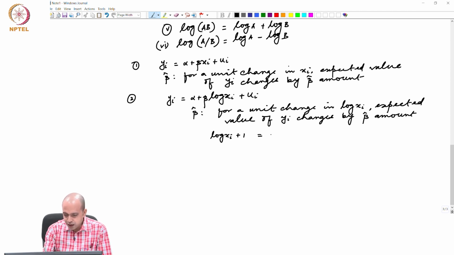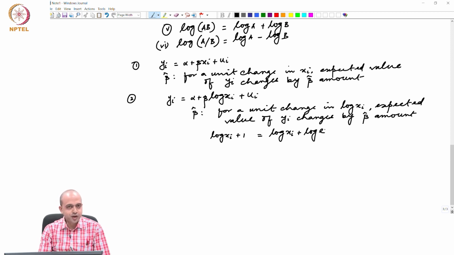This we can write as log of xi plus log of e, from the properties we have discussed earlier, that log e equals 1, and this we can write as log of e into xi. This is also another property, log a plus log b equals log of ab.